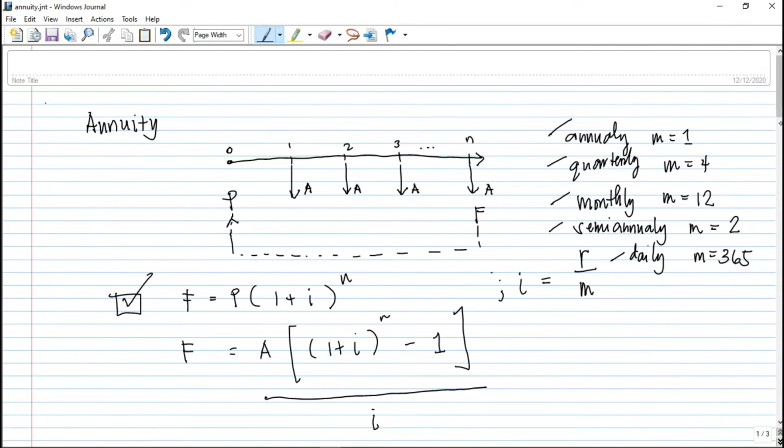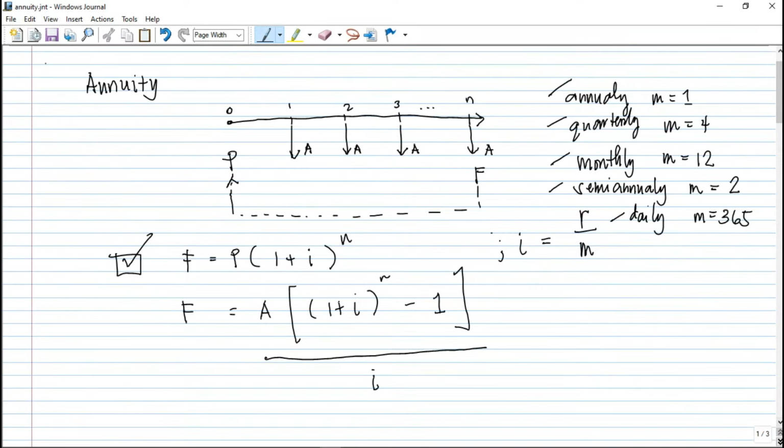Okay. We can also express yung ating future cost, okay, the future cost of your annuity in terms of the annuity itself. Okay, F equals A times the quantity 1 plus i raised to n minus 1 all over i. Okay, we can revise this formula as A, okay, 1 plus i, yung i natin is r over m, okay, raised to mn, okay.